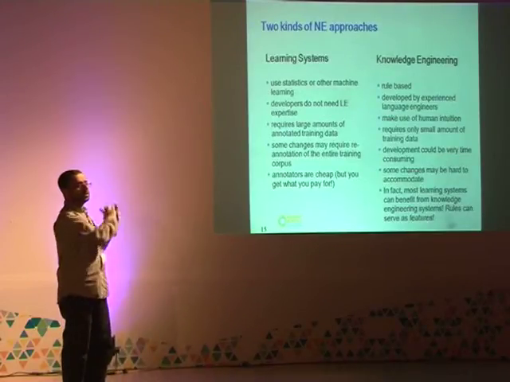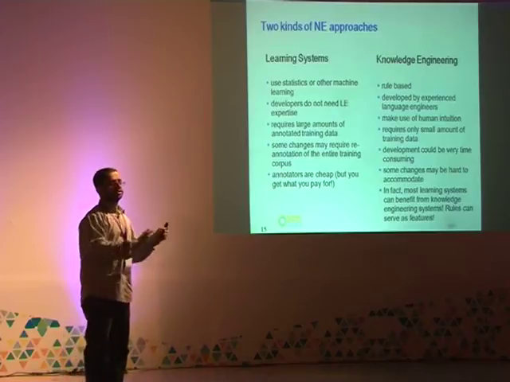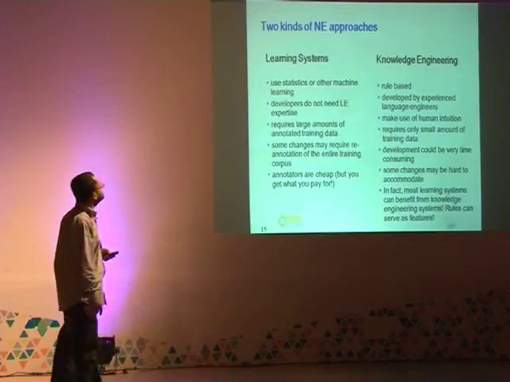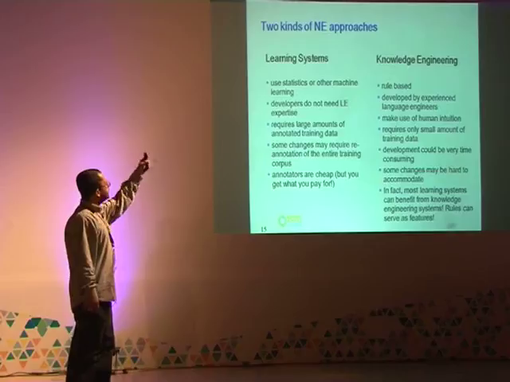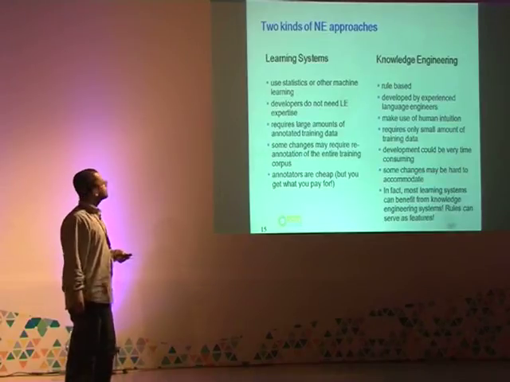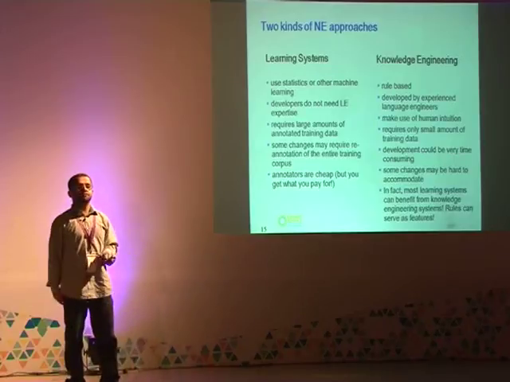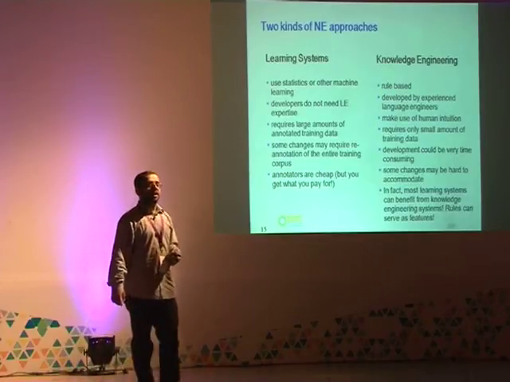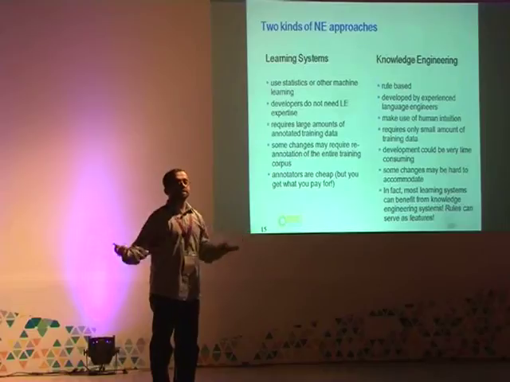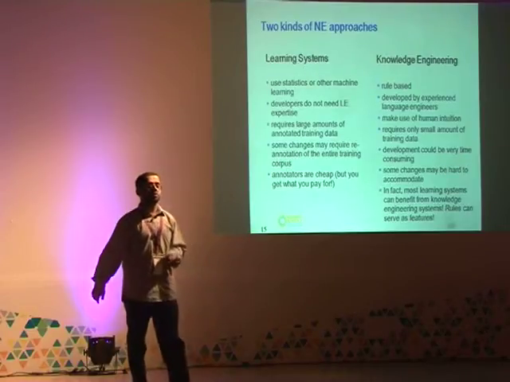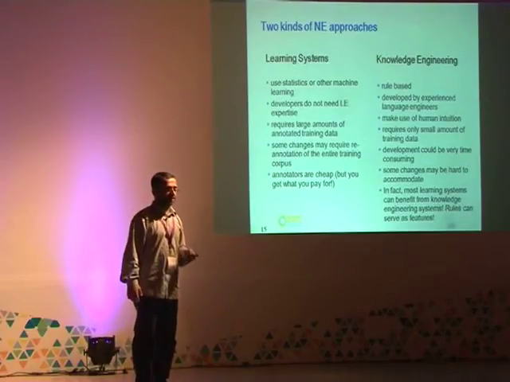So broadly there have been two kinds of approaches for information extraction and named entity recognition. One category of systems is based on learning, so using statistics of features, of word counts, etc., and looking at those signals to decipher what would be a named entity in a piece of text.